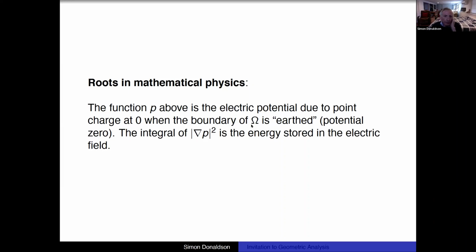So the function p we were describing corresponds to the very natural physical question. And this integral of the derivative of p squared is the energy stored in the electric field.